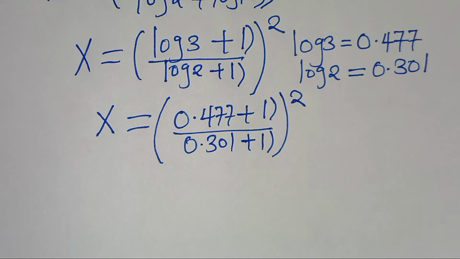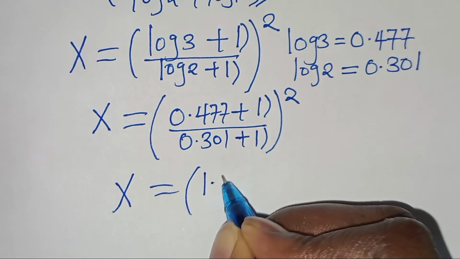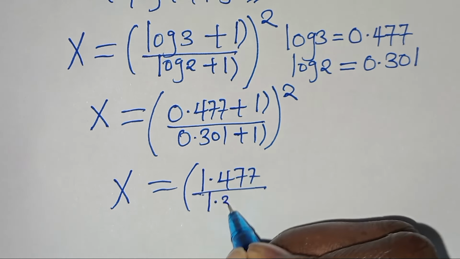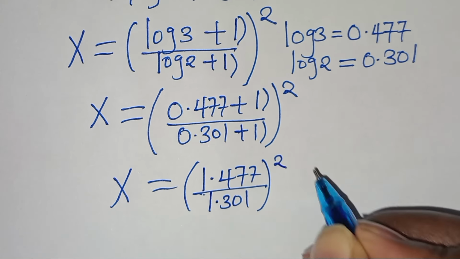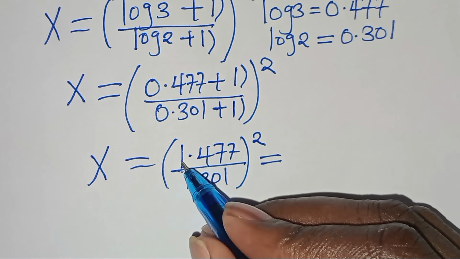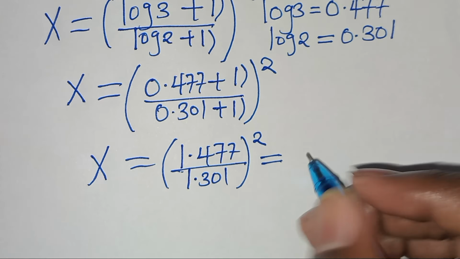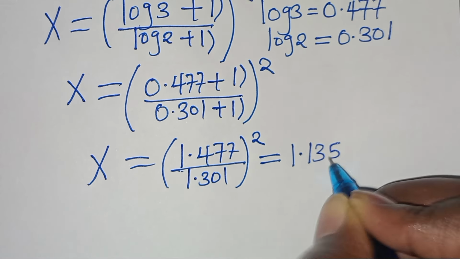So this implies that x is equal to 1.477 divided by 1.301, everything raised to the power of 2. And 1.477 divided by 1.301 is the same thing as 1.135.